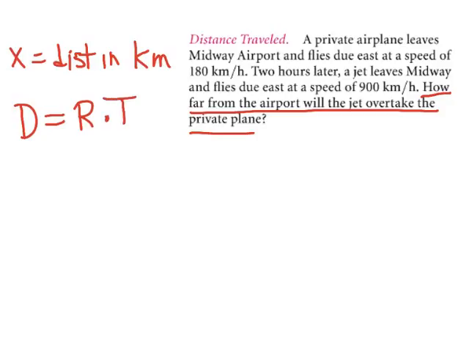Alright, so what we need to do here is, let's look at the distance of the two planes. So, let's start with the private plane. Distance equals rate times time.